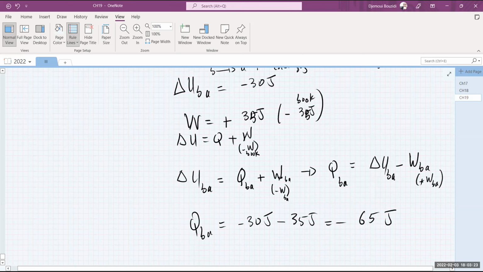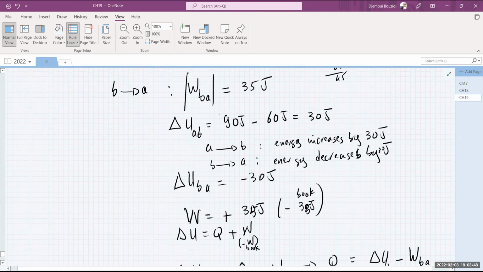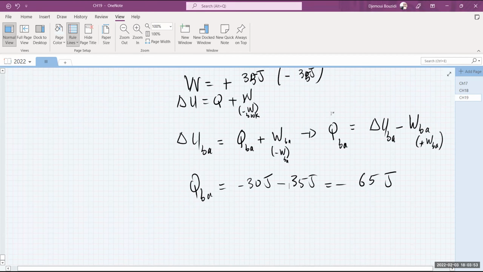For the book, they define delta U as Q minus W, and they say in this case W is negative. So when you move it to the other side, the negative in the formula becomes positive, but W they take to be negative. So at the end, it's the same thing, negative 30, negative 35. The energy went down because going from A to B, it increased by 30 joules, so now it decreased by 30 joules. Make sense so far?